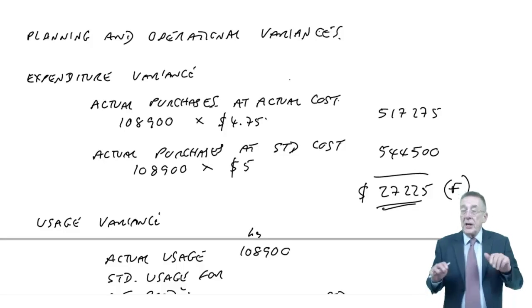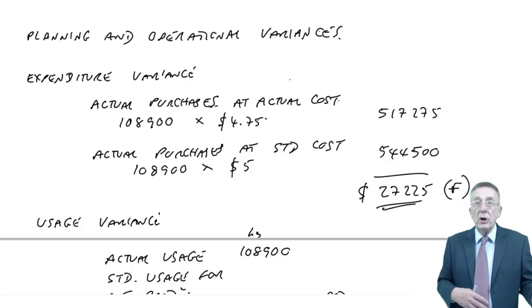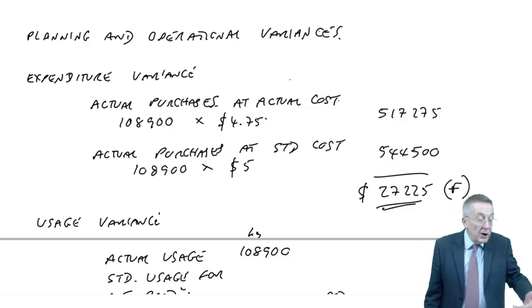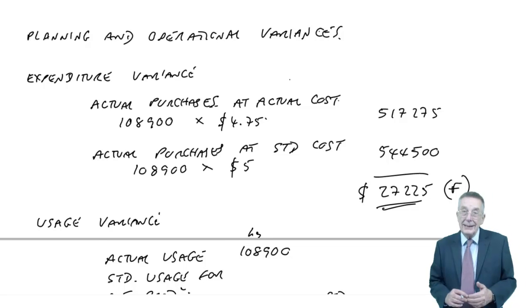We've permanently changed how we produce. This isn't just an accident that one month we use more or we use less. But in future, for whatever reason, we intend to use 9.5 kilos. And so again, when you're measuring how well the manager's done, the manager responsible for using material, since it turns out he should be using 9.5 kilos, we should be comparing with that.